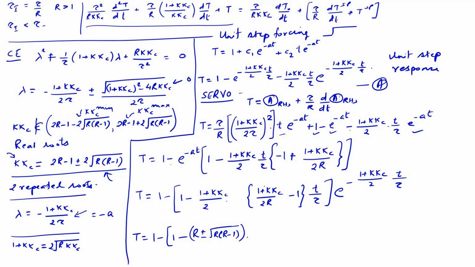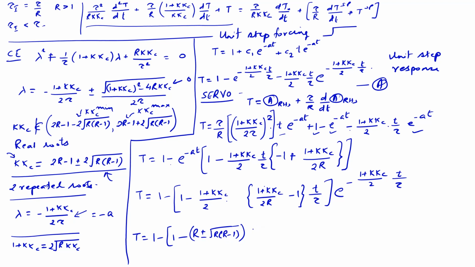Then 1 plus KKC by 2 is going to be this term, and you divide by r, so that will be 1. So 1 minus 1 will cancel out, and you are left with this term divided by r, so it will be square root of r minus 1 by r.